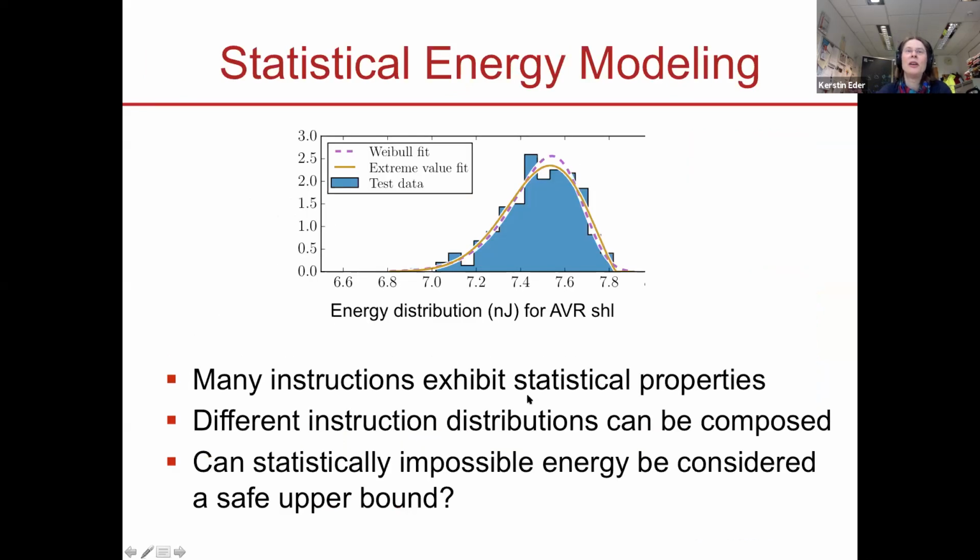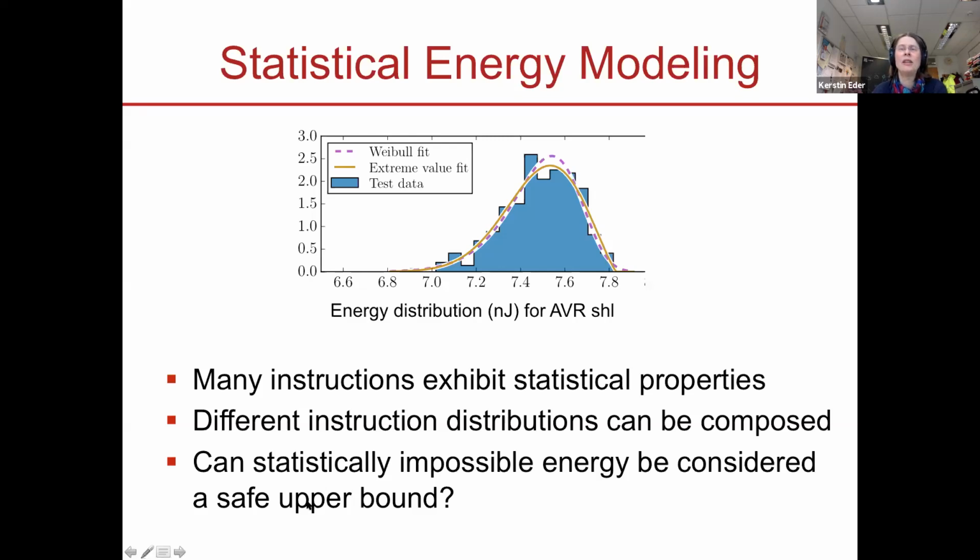Okay, so we looked at statistical ways of energy modeling, right? Many instructions exhibit statistical properties in terms of the energy distributions they have, and it might be possible to compose them. If we then look at the worst case, namely the statistically impassable energy, we could perhaps consider this a safe upper bound.